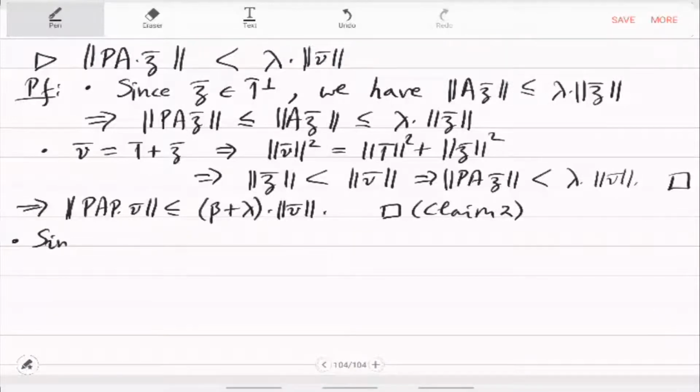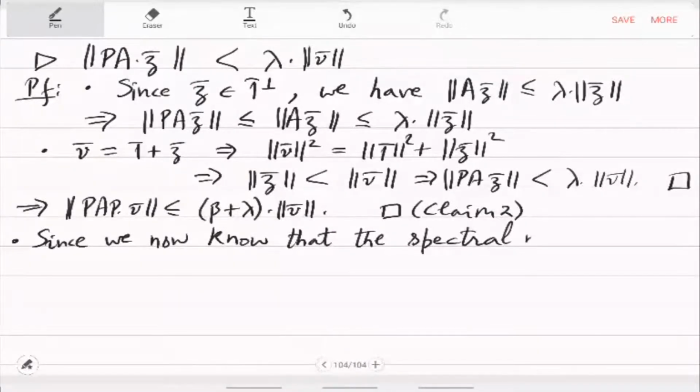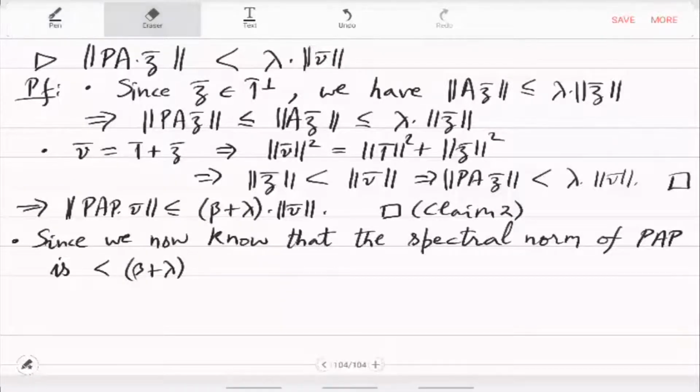Since we now know that the spectral norm of PAP is smaller than beta plus lambda, so this is in fact a strict inequality.